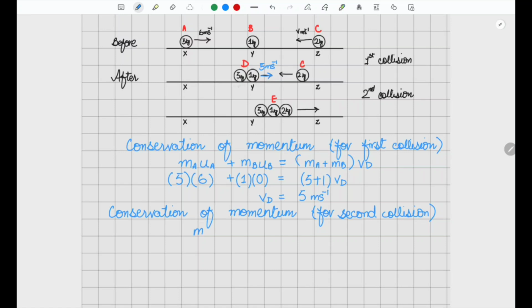Now the two particles that are going to collide are this particle d with c. Okay, so we will be taking m of d u of d plus m of c u of c equals, now these both particles are going to coalesce and become E.